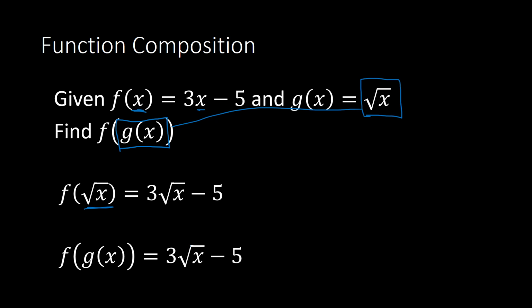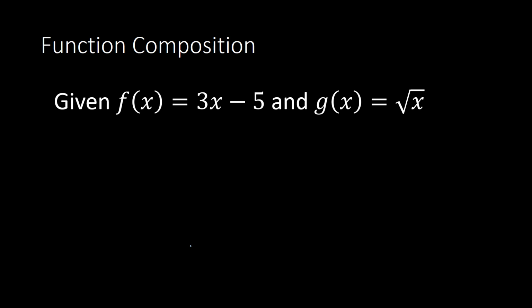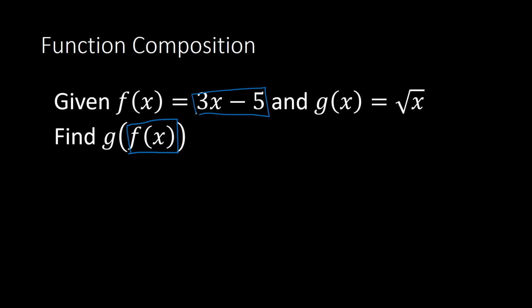And we could go the other way, where we have the same functions, and we're told to find g of f of x. So the g function comes first, and then the f function inside of it. Same concept. We're going to start with the innermost function, and replace f of x with its equivalent. So instead of f of x, I'm going to plug in 3x minus 5.